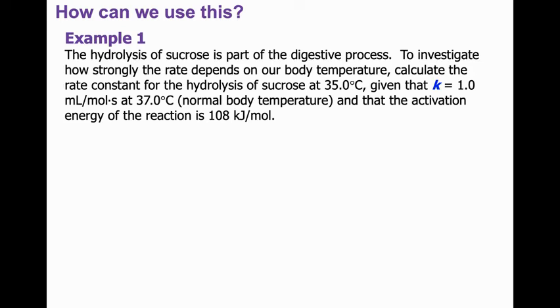To investigate how strongly the rate depends on our body temperature, calculate the rate constant for the hydrolysis of sucrose at 35 degrees Celsius, given that the rate constant K is equal to 1.0 milliliters per mole per second at 37 degrees Celsius, which happens to be normal body temperature, and that the activation energy of this reaction is 108 kilojoules per mole. So what we're doing is using this van 't Hoff relationship to predict the rate constant at one temperature, given that we know what the rate constant is at a different temperature.